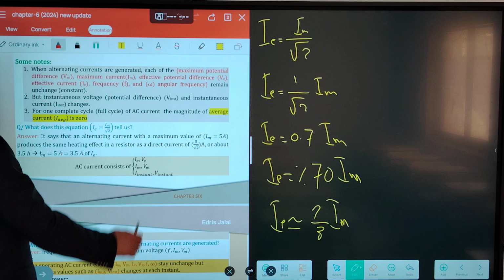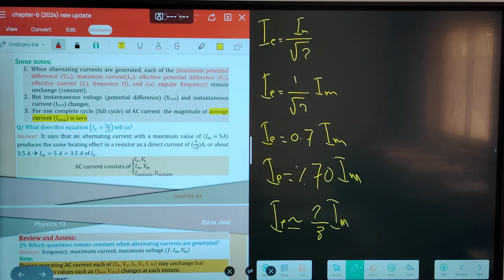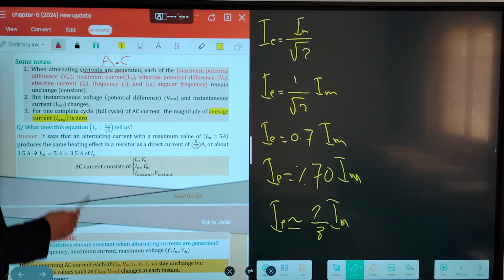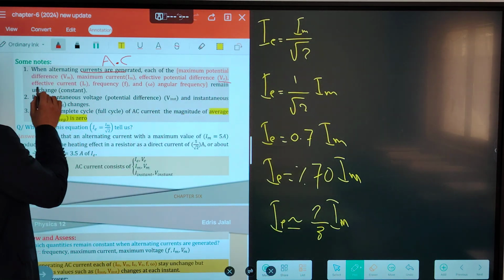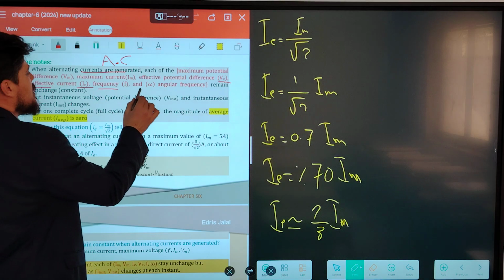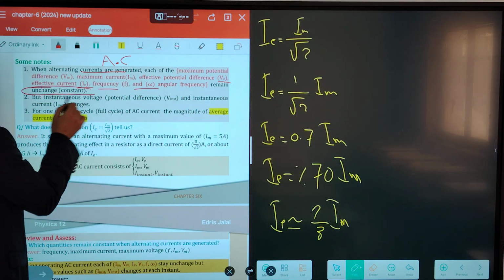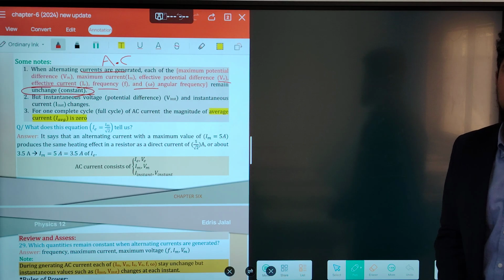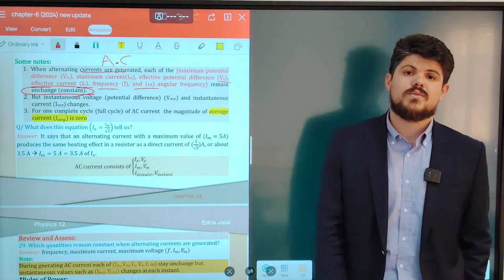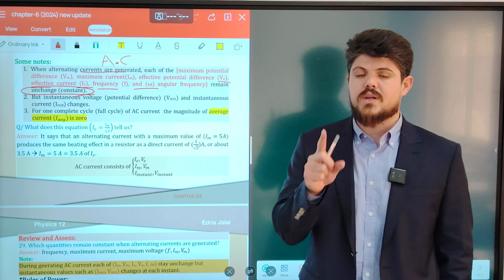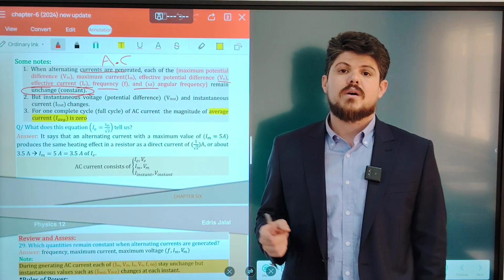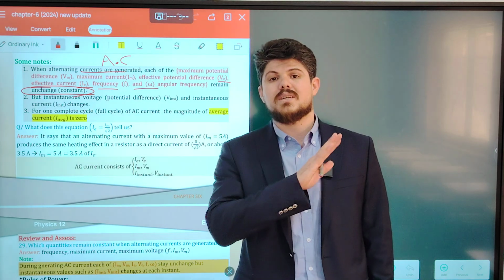When alternating currents are generated, each of the maximum potential difference Vm, maximum current Im, effective potential difference VE, effective current IE, frequency, and angular speed remain what? Unchanged. During AC generator, AC current, the effective values, maximum values, frequency, and angular speed don't change.